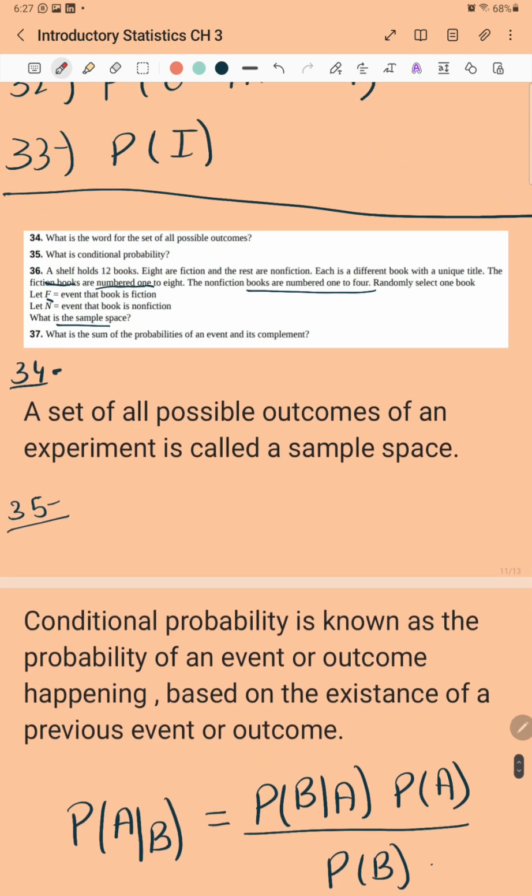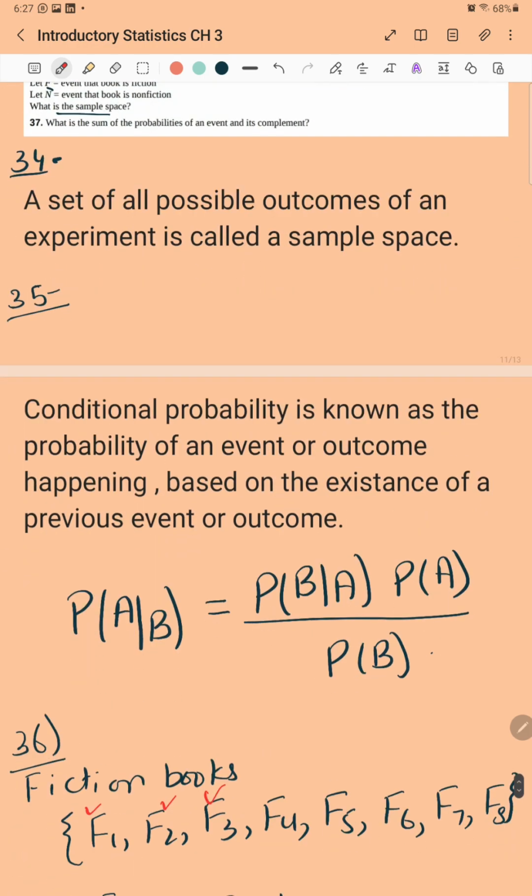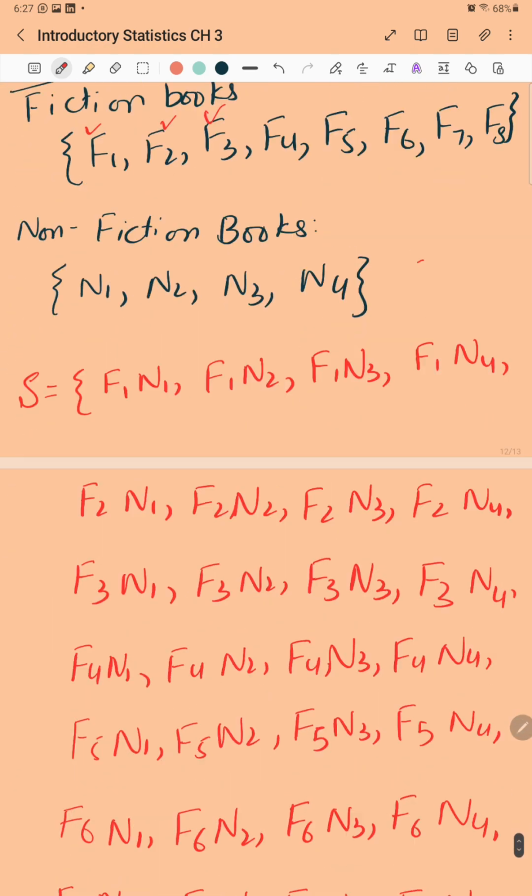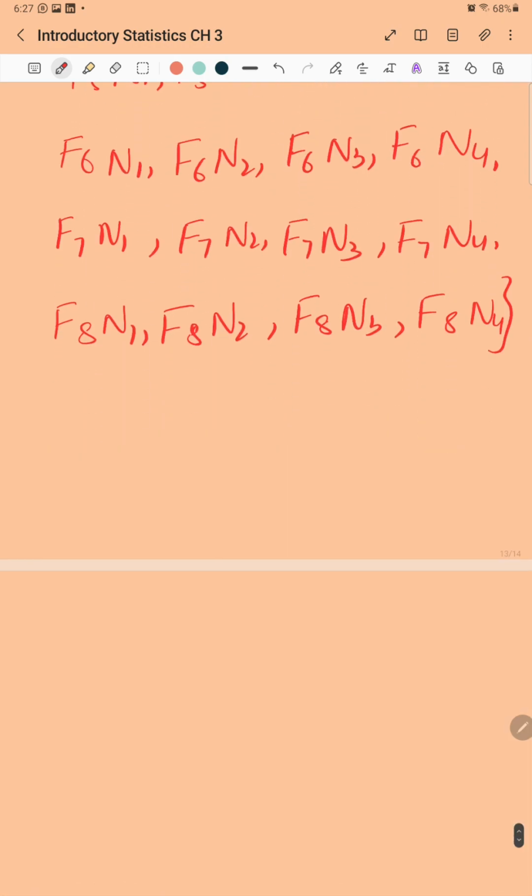Next question is, what is the sum of the probabilities of an event and its complement? Question number 37.